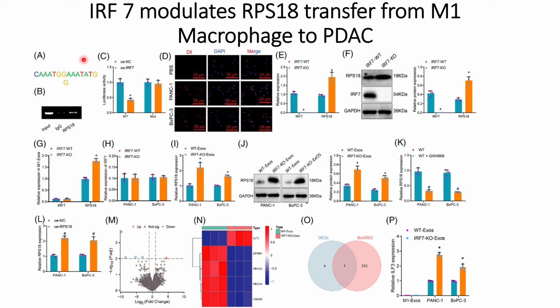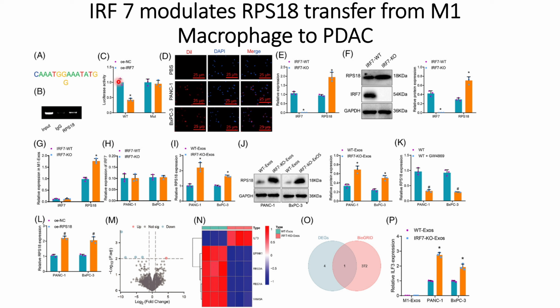The second plasmid is IRF7. In the wild type cells, where they do not use the mutated binding regions of RPS18, they see a decrease in the luciferase signals, or the RPS18 signals, when IRF7 is overexpressed.